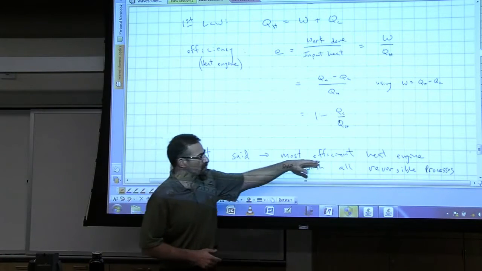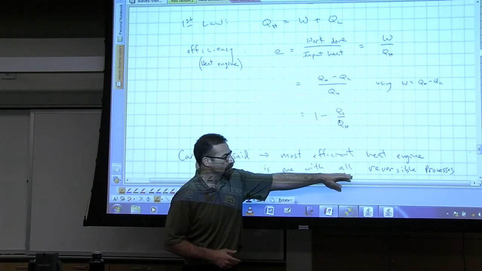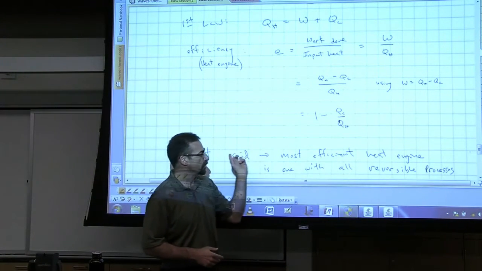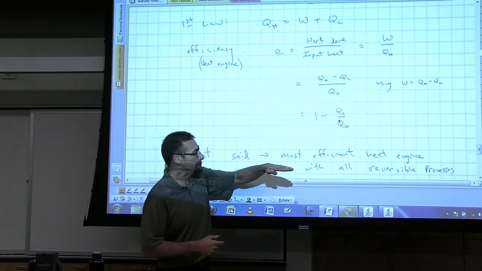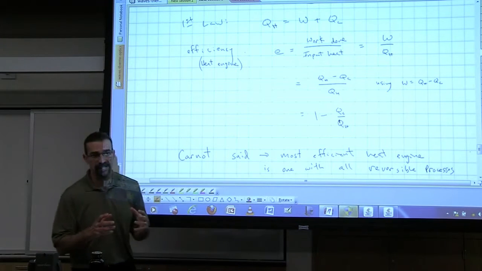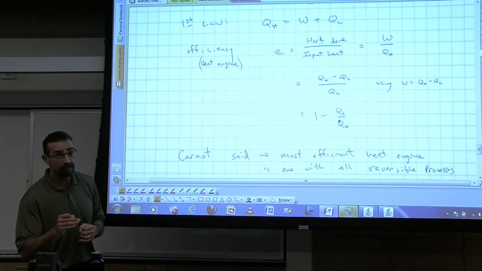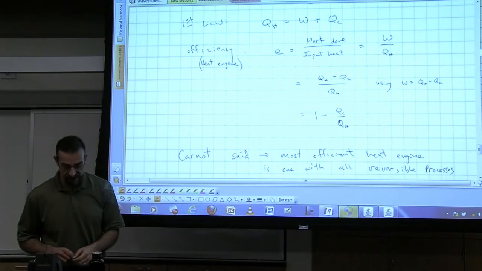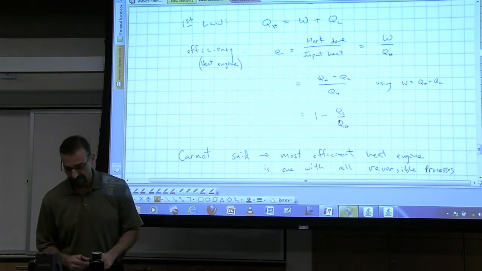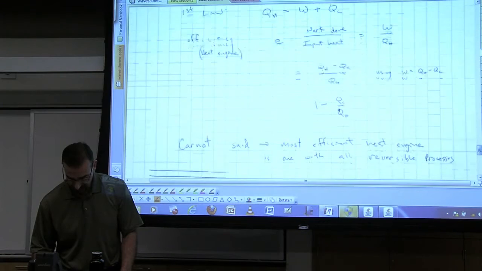This is the efficiency of a reversible process, of a Carnot engine. We call that a Carnot engine, one that has all reversible processes. That tells us what the maximum efficiency of the engine is. The interesting thing is that the maximum efficiency is not 100%. You never get out everything you put in.